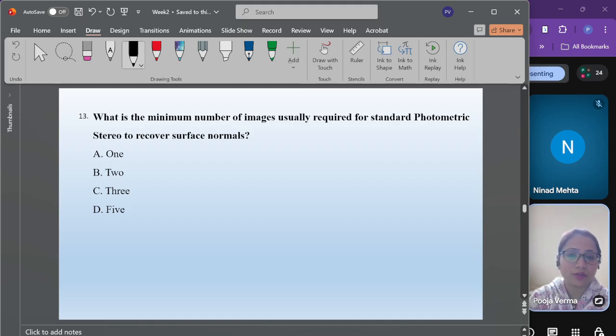At least try this question. What will be the correct answer?